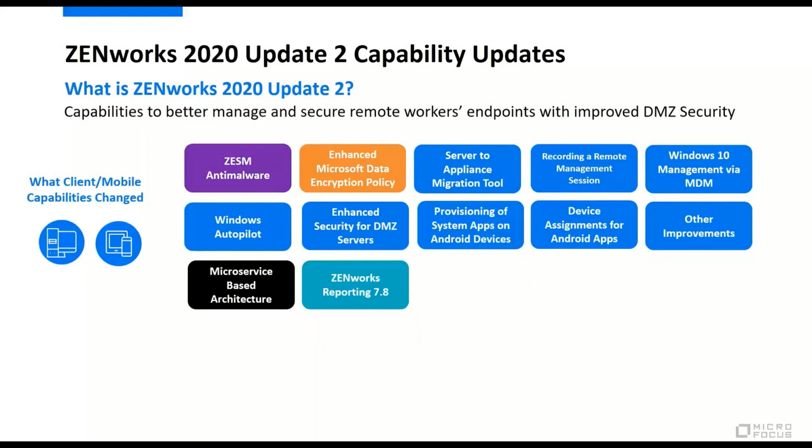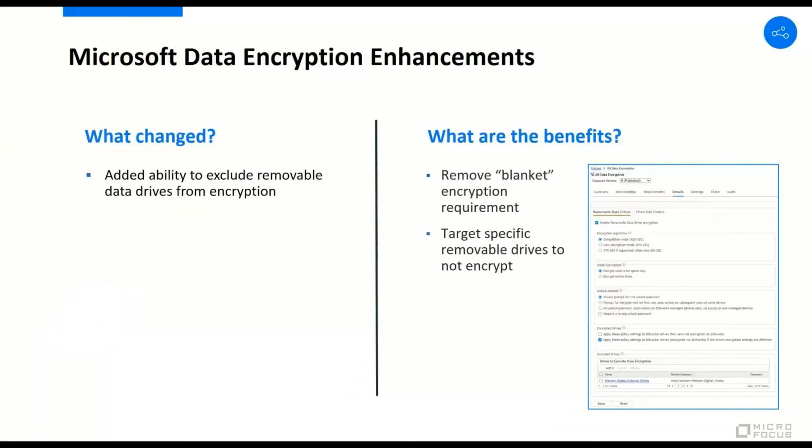Thanks, Vikram. I'm going to wrap up today's presentation by briefly mentioning an enhancement we've made to the Microsoft data encryption policy. For those of you who might not be aware, the Microsoft data encryption policy is a security policy in ZENworks Endpoint Security Management. It provides encryption of removable data drives using native BitLocker technology.